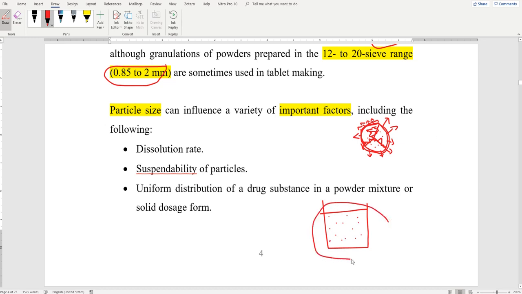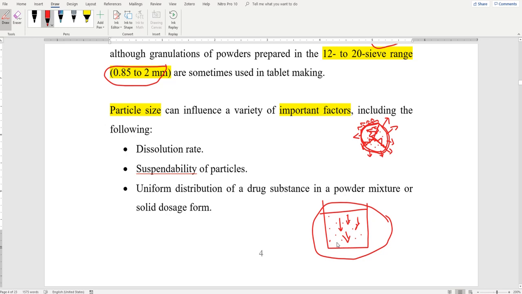Surely, with time they will start settling down because of their weight and gravity. That's why, when you dispense a suspension preparation to patients, you should ask the patient to shake well before use. So, what is the relation of size with suspendability?